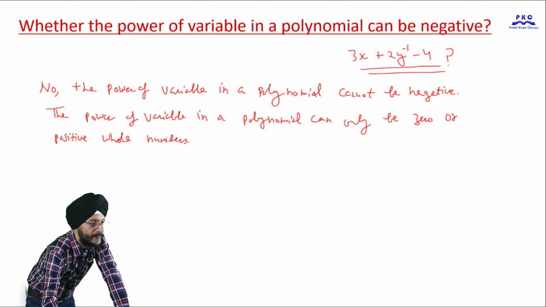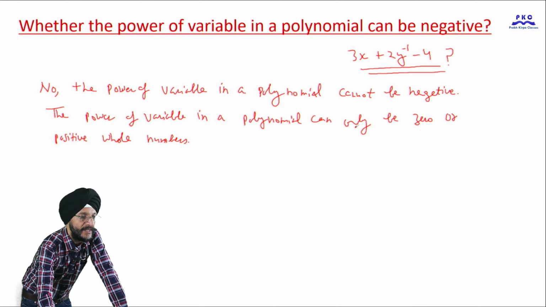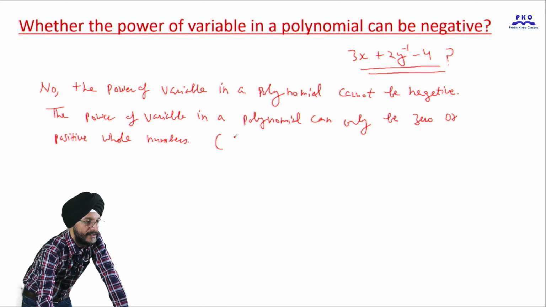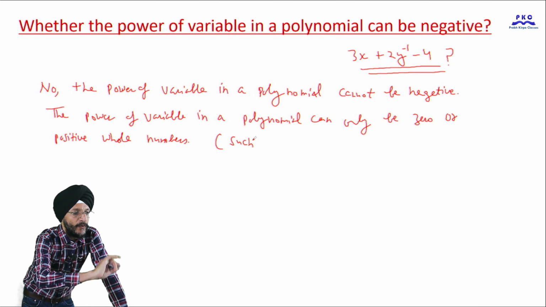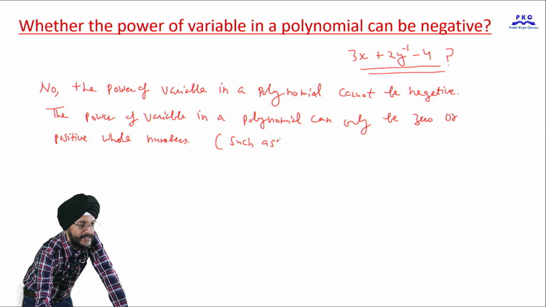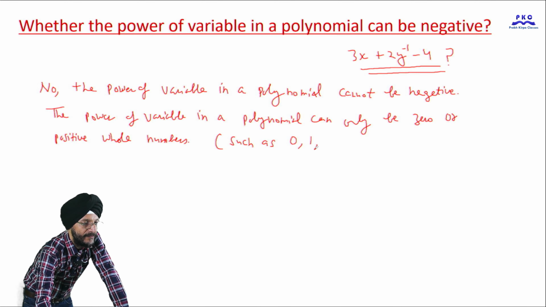What is its meaning? 0 or positive whole numbers. It means that the power of the variable can be such as 0, 1, 2, 3 and so on.